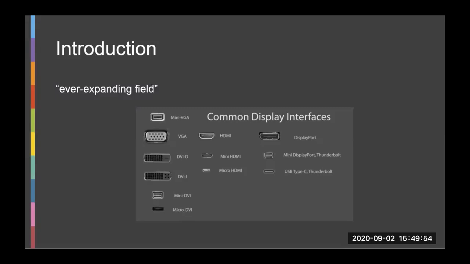However, since then till now, a lot of ports have been created, and there are various ports that we nowadays use, predominantly HDMI. However, it's not uncommon to find a computer with a display port or mini VGA, for instance.